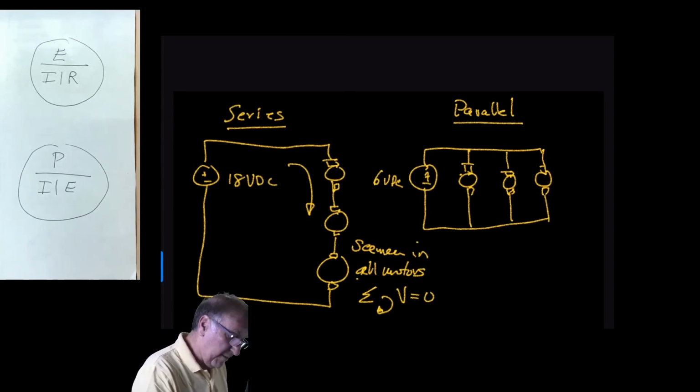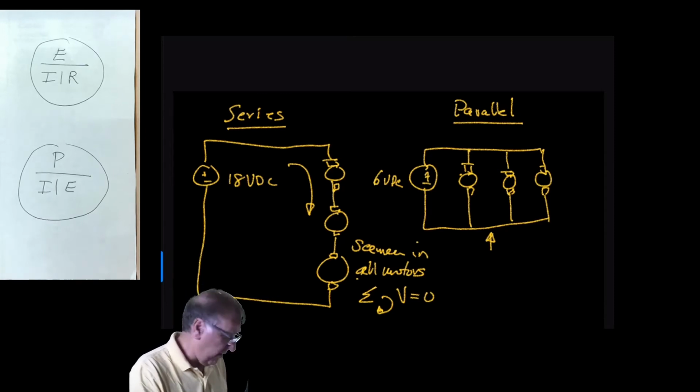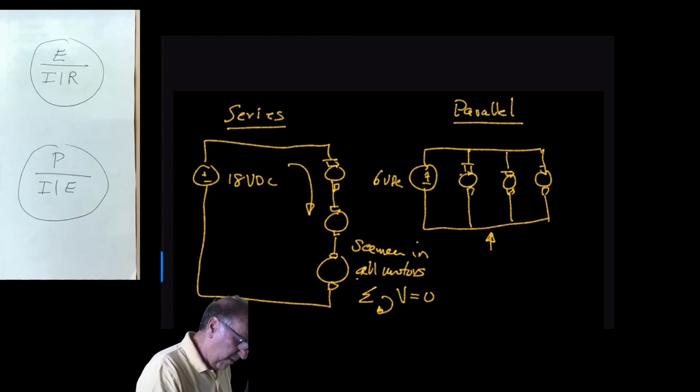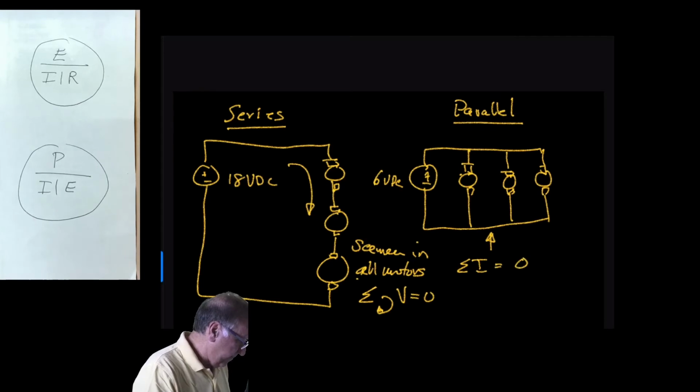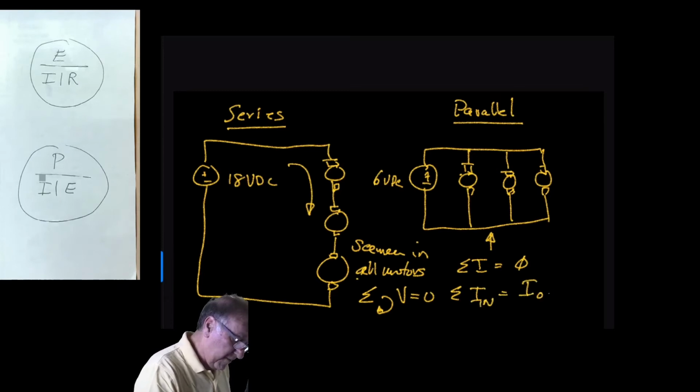Parallel setup here, parallel circuit. This is Kirchhoff's current law, and we sum the currents, and that equals 0. So the sum of the currents in equals the current out.